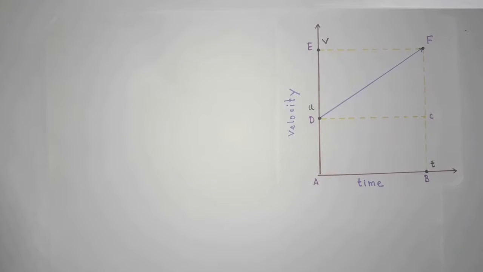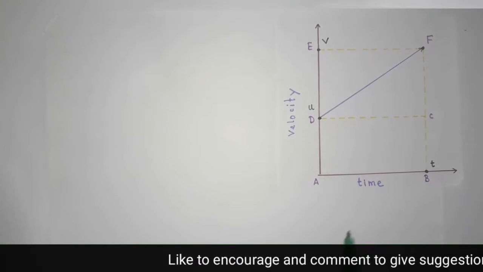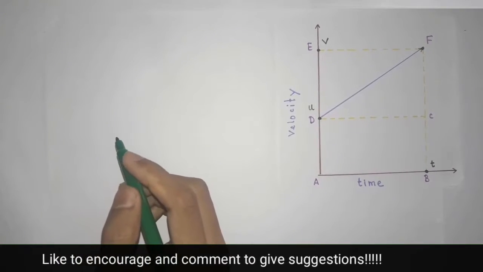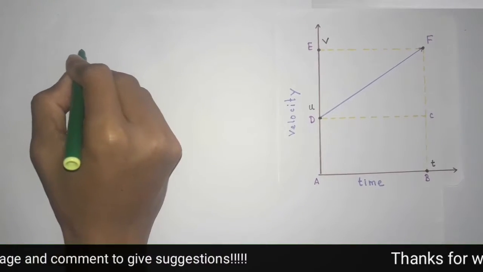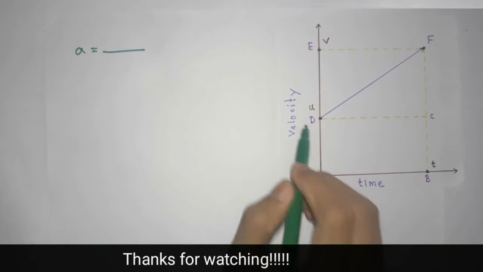Now let us prove the first equation of motion by using this graph. If you have studied some basic physics, then you definitely know that the slope of the velocity time graph gives acceleration. So we can write acceleration is equal to velocity divided by time.